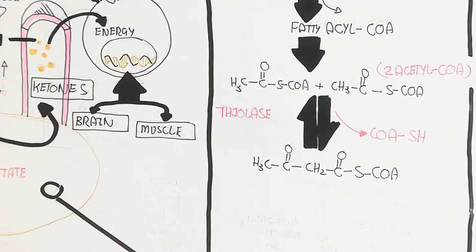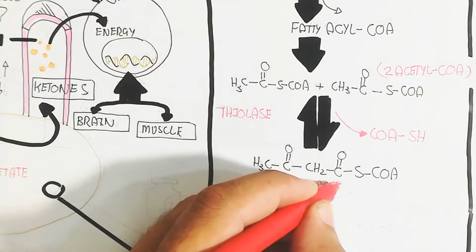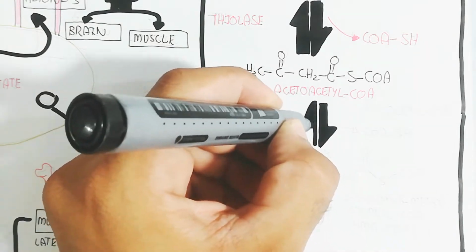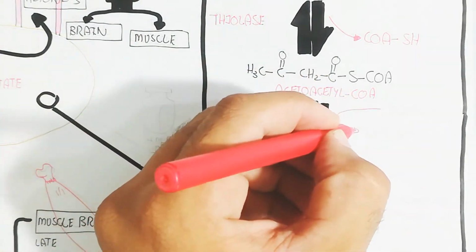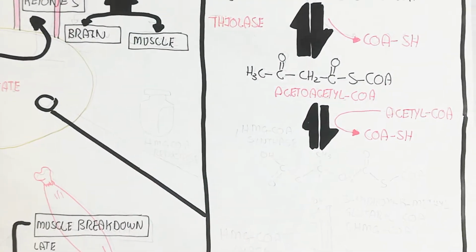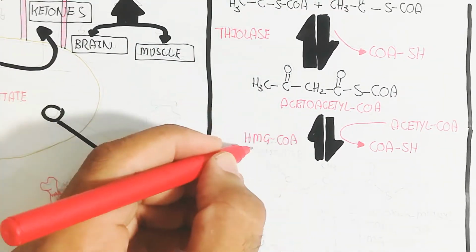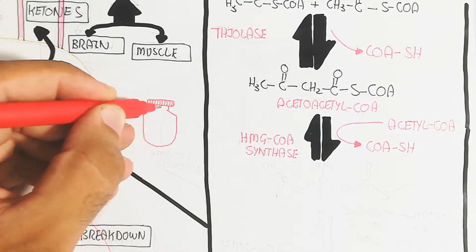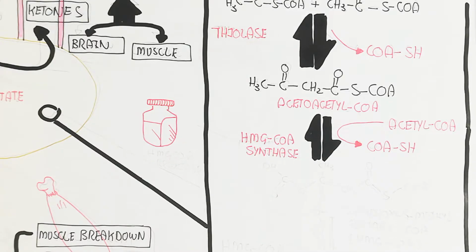The acetoacetyl CoA will be produced when one CoA is removed to join these two molecules. After joining the two molecules, the CoA is removed, and one hydrogen will be removed, so dehydrogenation occurs, with the dehydrogenase enzyme.